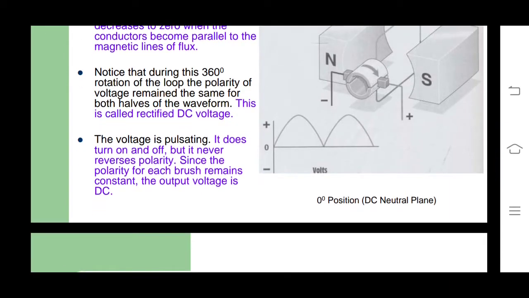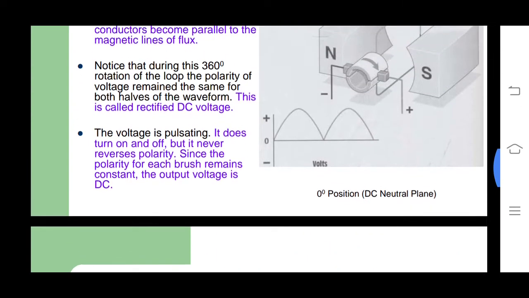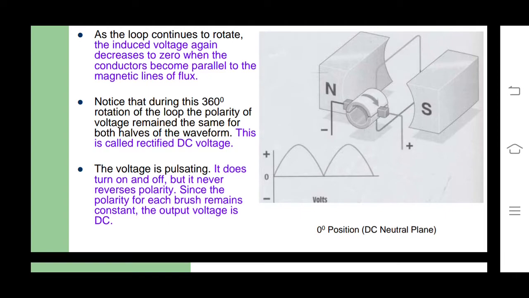The voltage is pulsating. It does turn on and off, but the polarity for each brush remains constant. The output voltage is DC. See that here, by the commutator segments, we achieved the DC voltage.